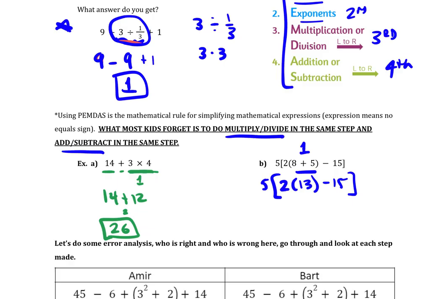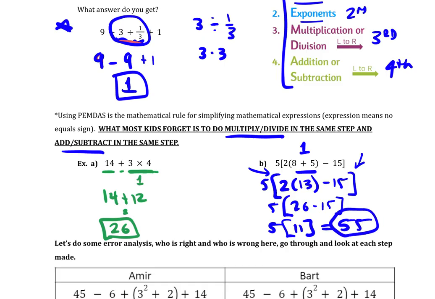So now working inside of this set of brackets here, 2 times 13 is going to go next. So it's going to be 26 minus 15. So I still keep the 5. Then 26 minus 15 will be 11. That is actually multiplication, but it doesn't matter because it's the last step. So my answer is going to be 55.